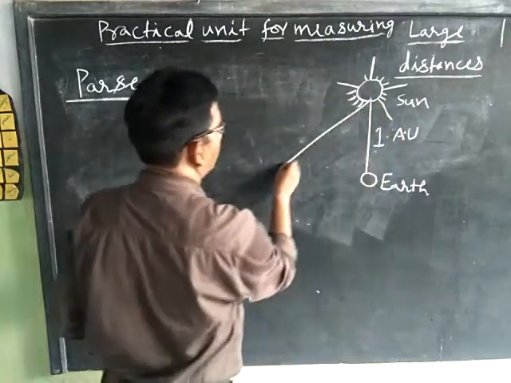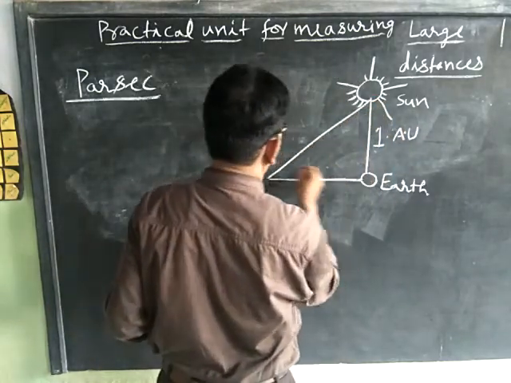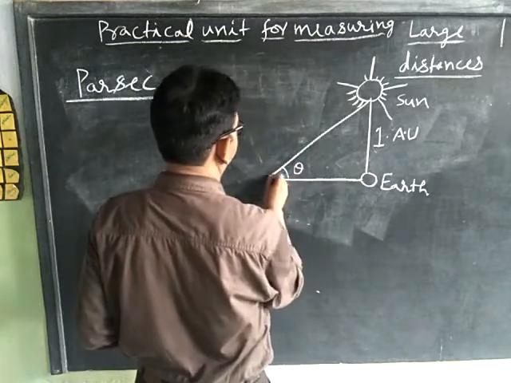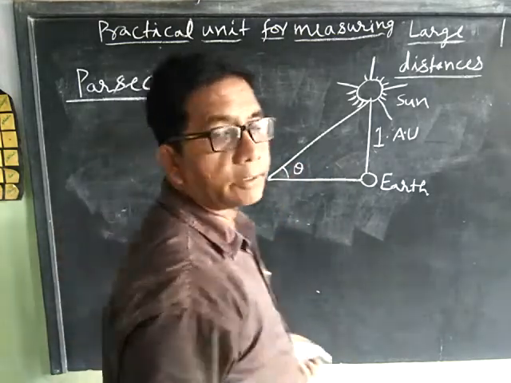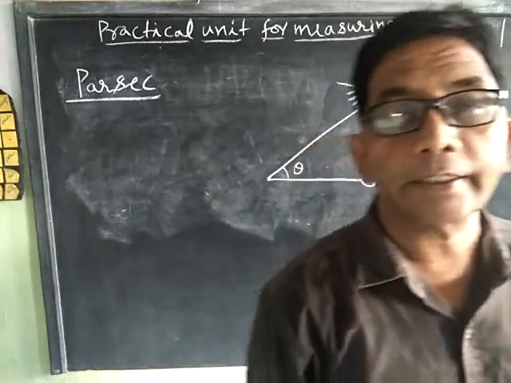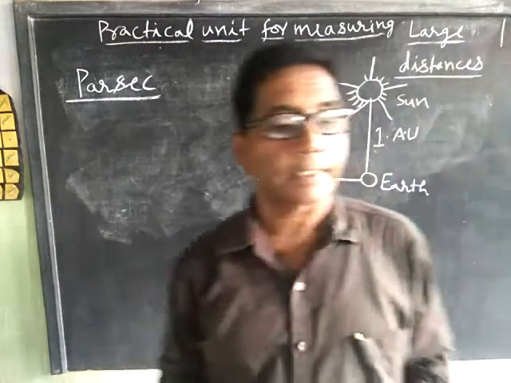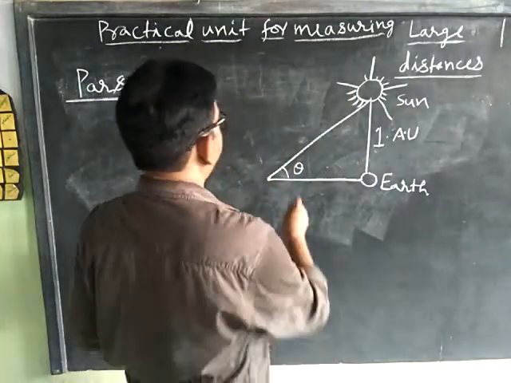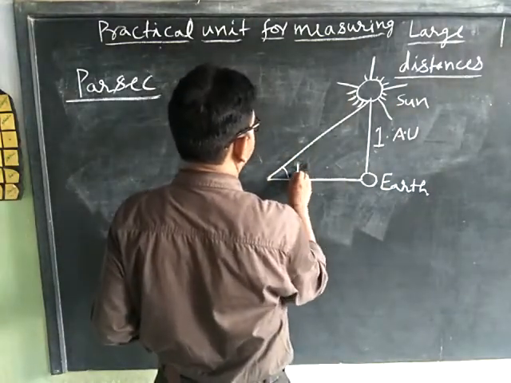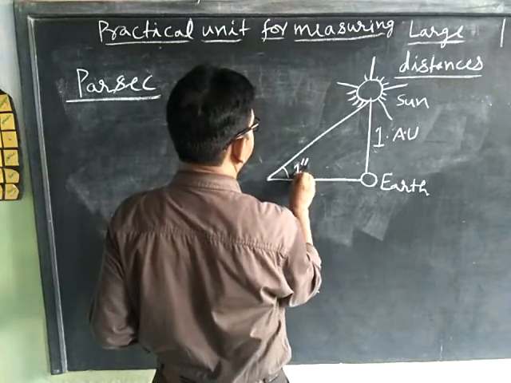Now it makes an angle theta. The other name of parsec is parallactic second. So this is 1 second.